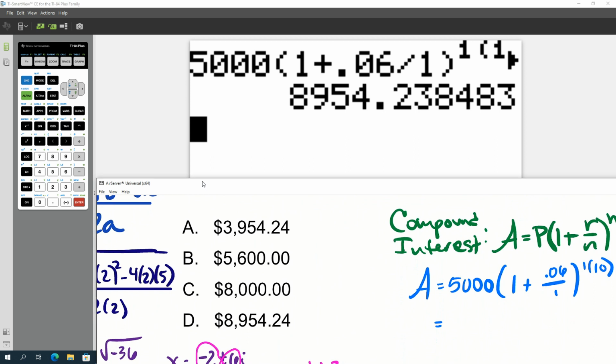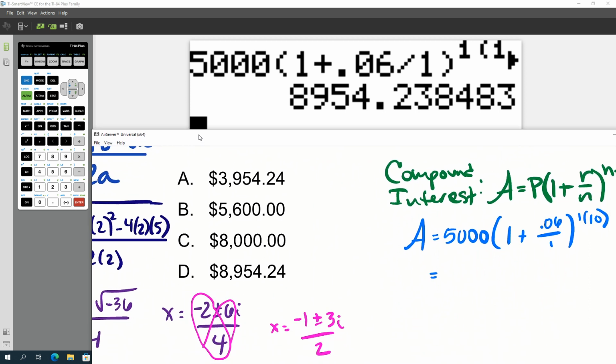All right, so that's going to be your answer, choice D. Exponential growth. Oh, it's basically the same formula, really, because annually, so that will only work if N is 1.